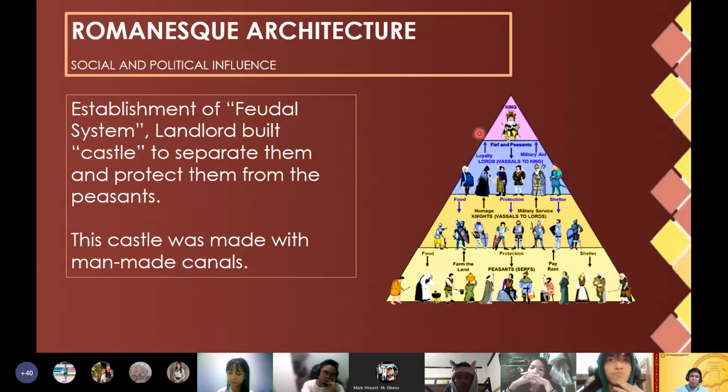So since king ka, di ba, king, or you are the lord of that place, nai-build nga building para nimo, diya ka magpuyo, di ba? So those are castles. So castles are designed para i-protect ning mga king.